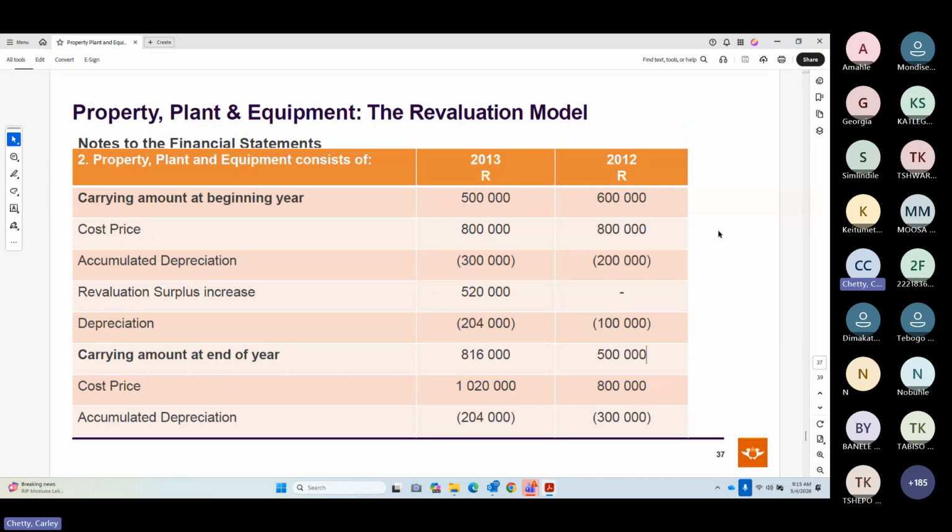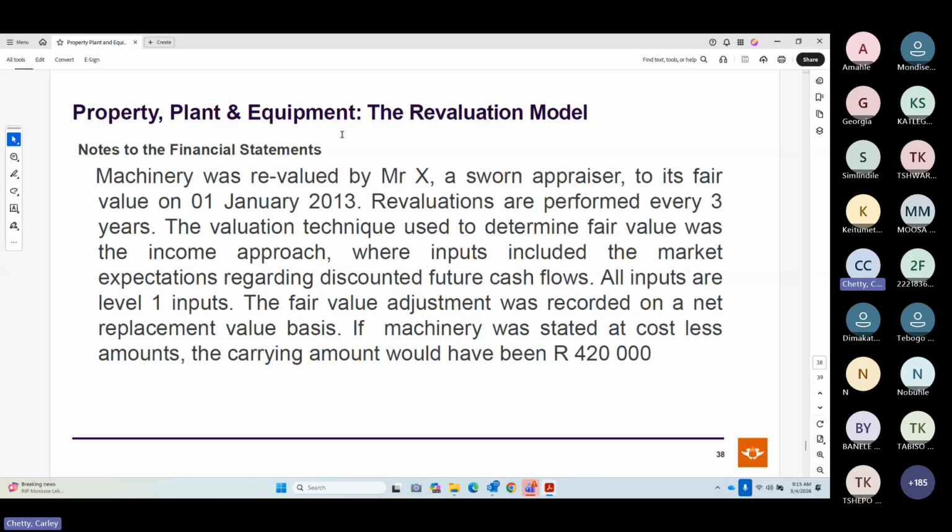So you'll have impairments under the cost model for those assets that are carried under the cost model, and for those assets under the revaluation model, you'll have to show those, okay? But you won't have impairments for the assets carried under the revaluation model for purposes of this module because it's scoped out. Okay, so let's continue with the notes to the financial statements.